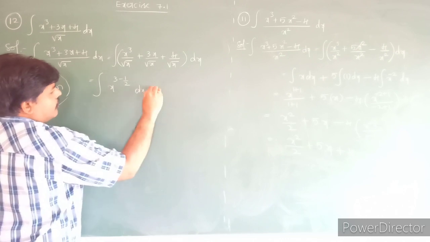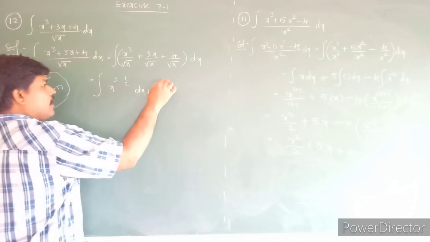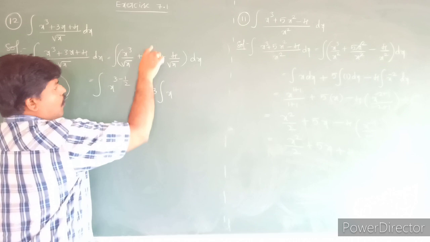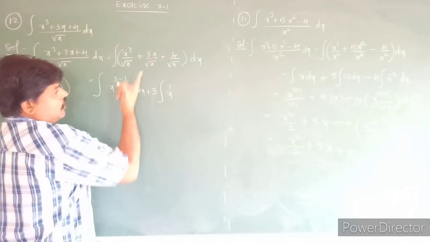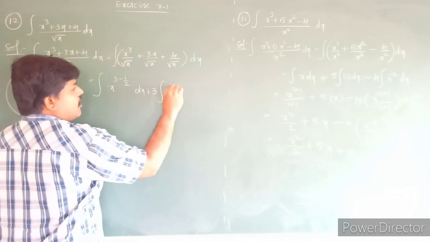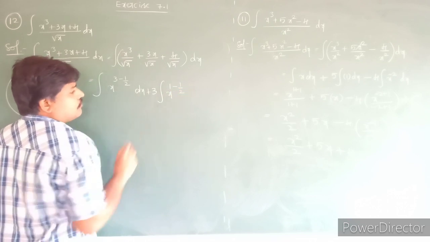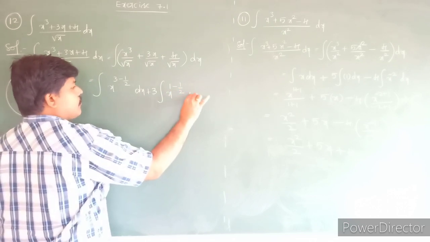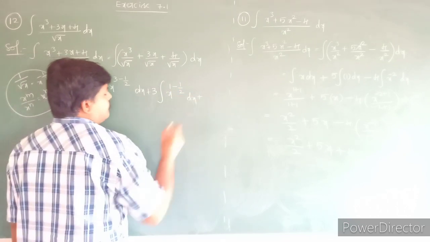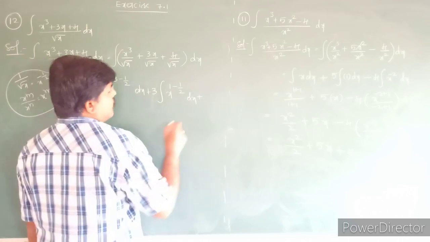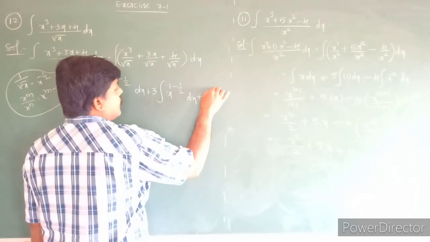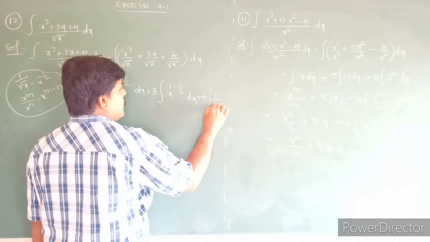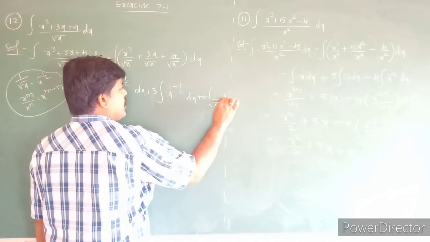Plus, into dx, you can take the 3 out: 3 into integral of x power 1, and if you take the minus 1 by 2 here, it will become x power 1 minus 1 by 2 into dx. Plus 4 into integral of 1 by root x into dx.